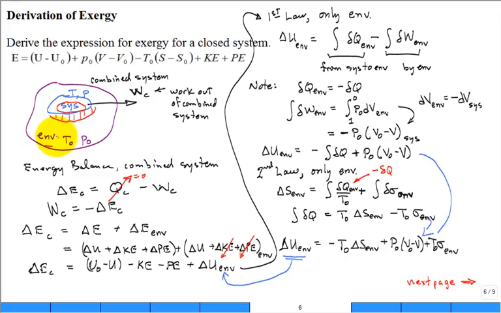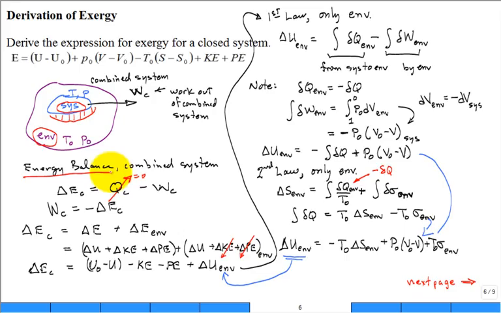Sometimes we focus on the environment surrounding the system. Sometimes we do the first law for the system, first law for the environment, first law for the combined system, which is system and environment. Sometimes we do the second law. See what you're doing? You're just going to be judicious in, okay, now let's use this one. So let's jump through it.